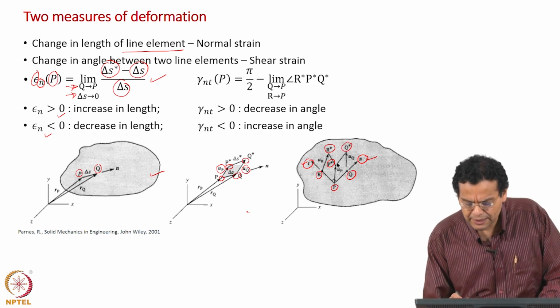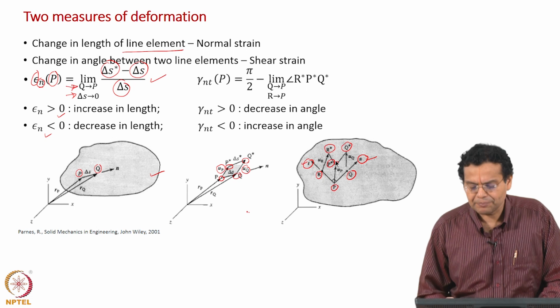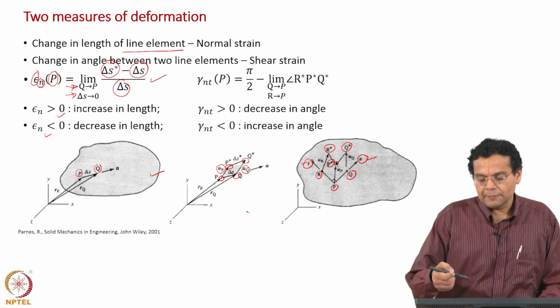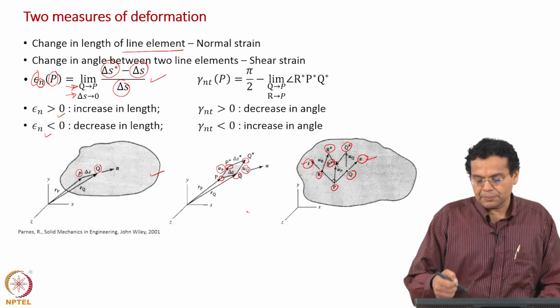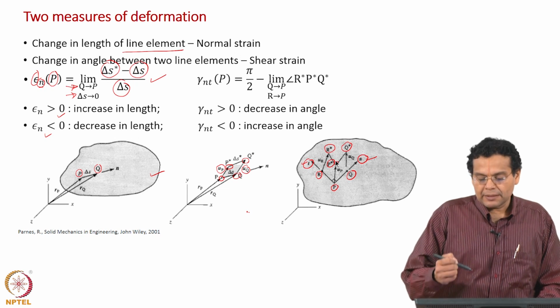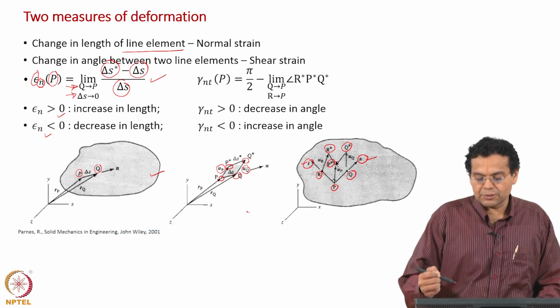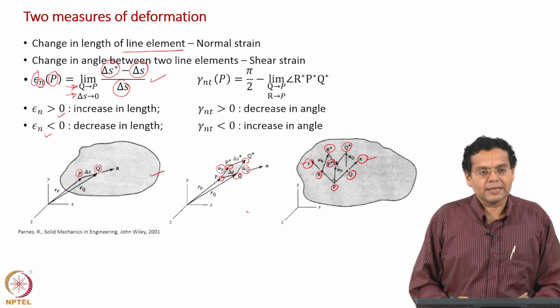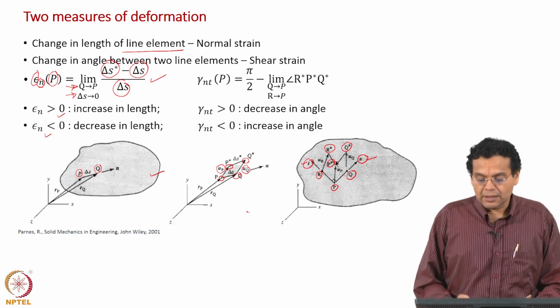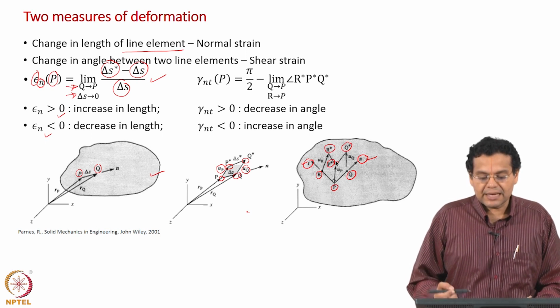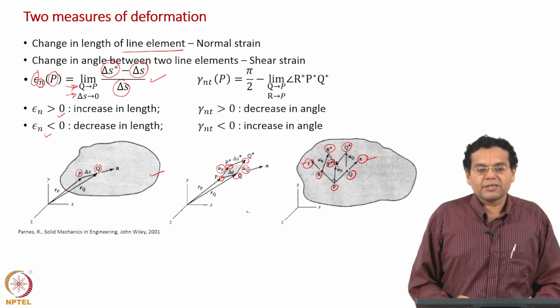Now, what happens to the angle? There is a change in the angle between the 2 line elements. The angle between R, P and Q is 90 degrees. The angle between R star, P star, Q star is in this case lower than 90 degrees. Of course, it can be more than that. This change in angle is quantified as shear strain.